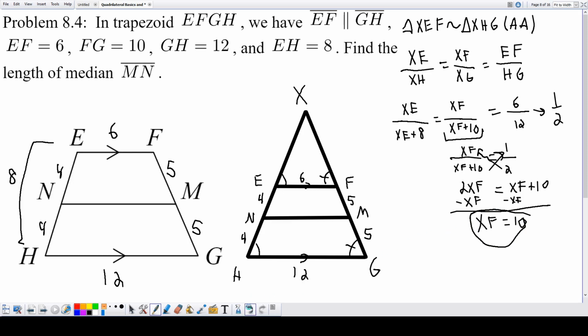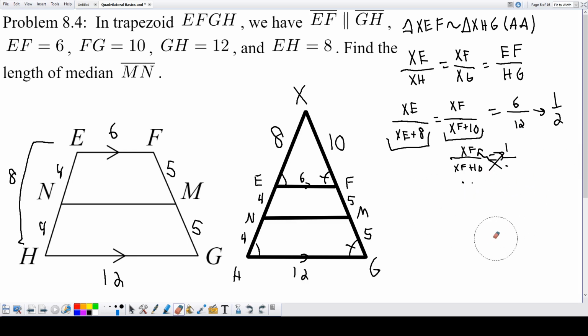Okay? So, XF is 10. And through a similar process, I hope we understand how I can solve for XE and find out that that is 8. Now, why is that so useful? Let's clear off some of this work.